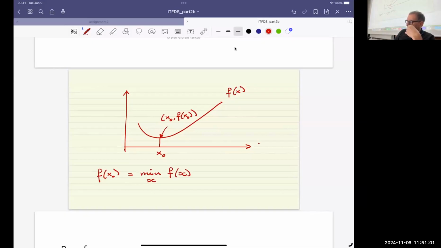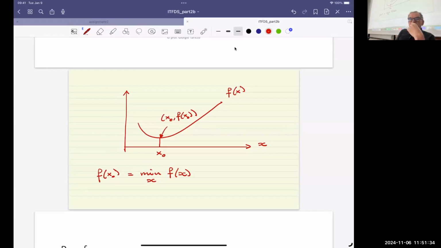Let's say that x is the horizontal axis, but this can be done also in a multidimensional setting. For example, if x is a two-dimensional vector, we can have a three-dimensional representation of a function of two variables, and the minimum is a point in a two-dimensional plane.